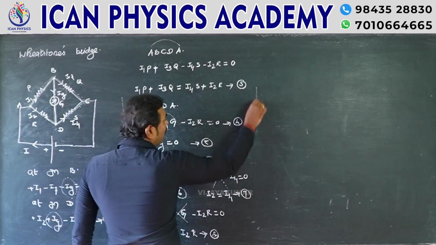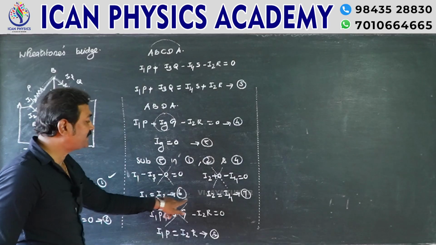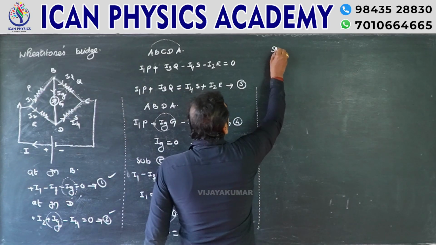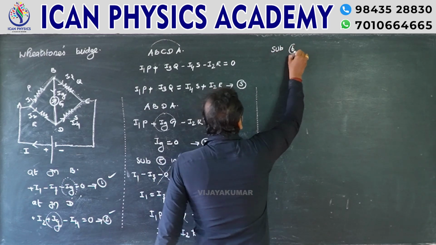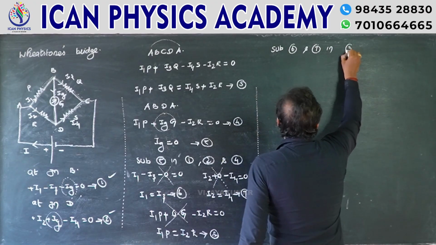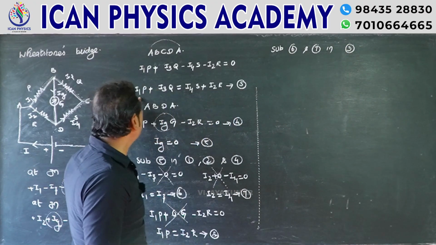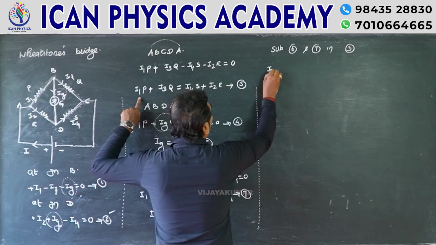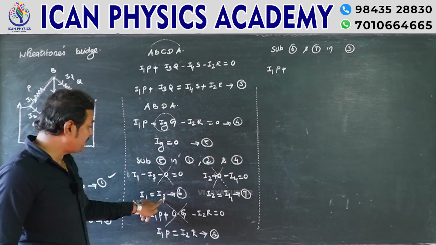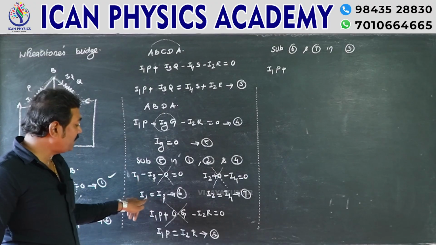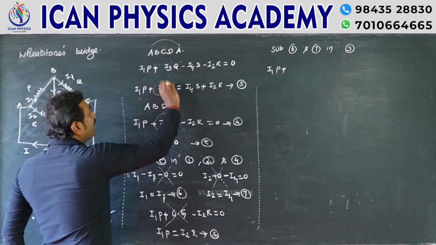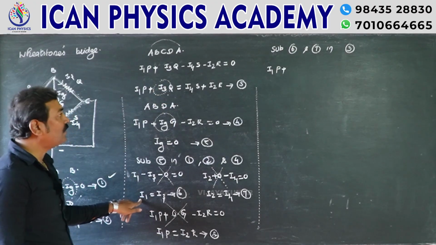Okay, fine. Now substitute 6 and 7 in 3. So what is 3? I1P plus I3Q. What is the value of I3? I1 equal to I3, so instead of I3, I can write I1.